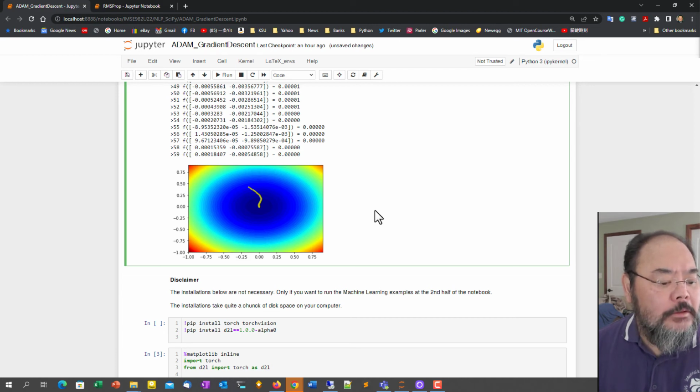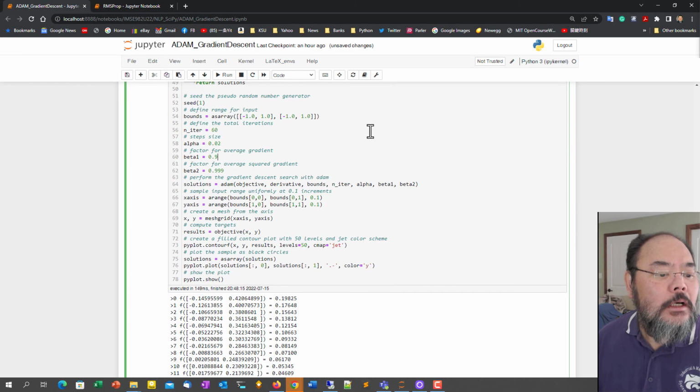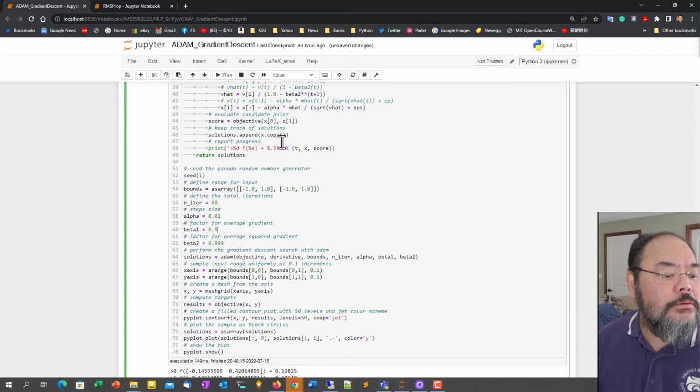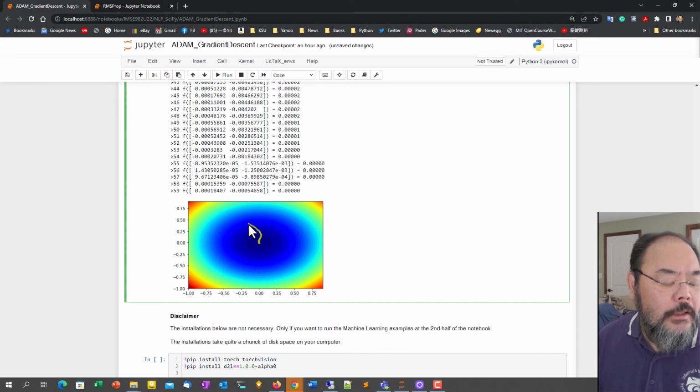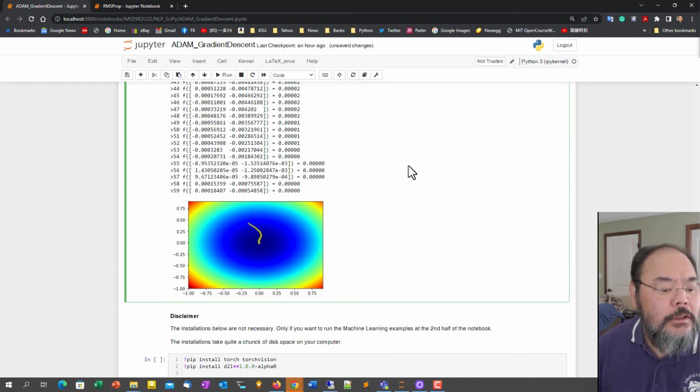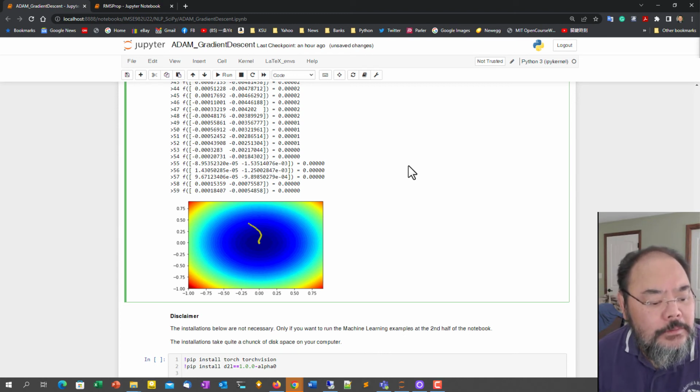It's a little bit easier problem, and you can see they converge quite nicely. Also I didn't put in any convergence criteria to stop the algorithm because I want to see the convergence trajectory, so it uses up all the 60 iterations.